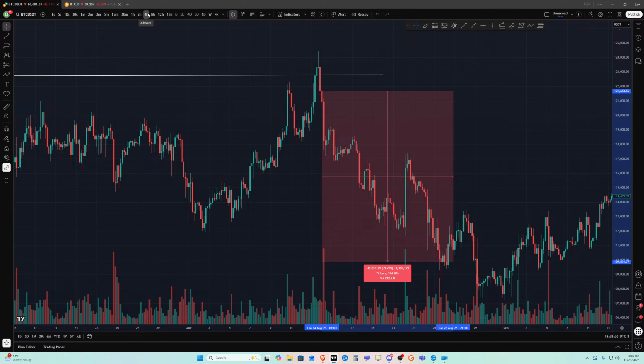Sometimes it can even extend beyond the 2-week time frame if you catch a really good swing. 1 hour will be about 3 to 5 days if you're using the 1 hour chart. And then everything below 1 hour is going to be day trading.